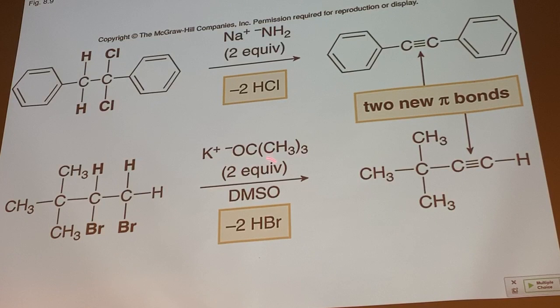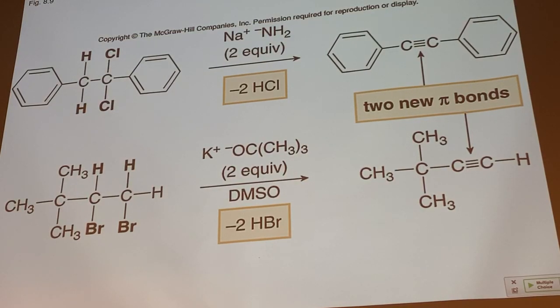Another thing you notice from this slide is that we can use potassium tert-butoxide as the base as long as we're using DMSO as our solvent. The reason for that is that all polar aprotic solvents are not created equally. Polar aprotic solvents solvate cations but not anions, and some of them are more effective at that than others.